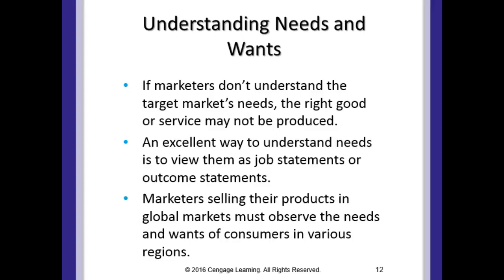It says here, if marketers don't understand the target market's needs, make sure you put in there, anytime you see needs, include wants. So it should say, if marketers don't understand the target market's needs and wants, the right good or service may not be produced. You're not going to make things that people don't want. You have to understand their needs and wants in order to make the products that satisfy those needs and wants.